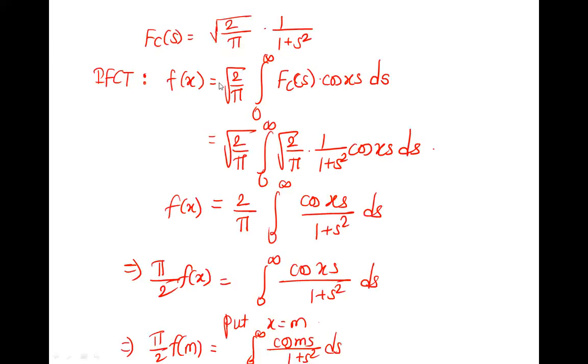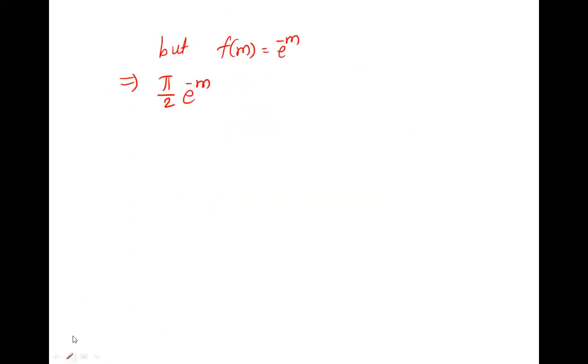So here it is pi by 2 into e raised to minus m, equal to the integral from 0 to infinity of cos ms upon 1 plus s square ds.